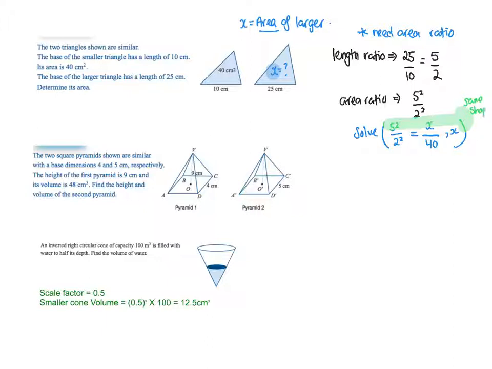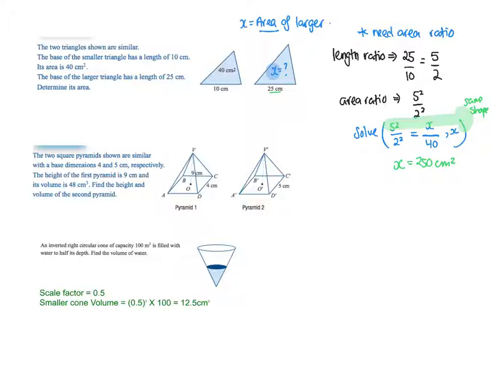It is, isn't it? That 5 squared is part of that 25 and X, yeah? So when you solve that, we'll get an answer. All right, so we get X to equal 250 centimeters squared. Okay?